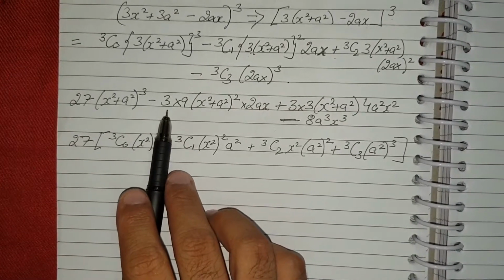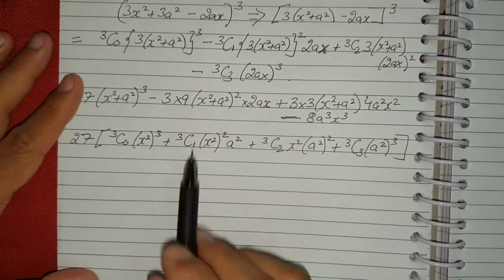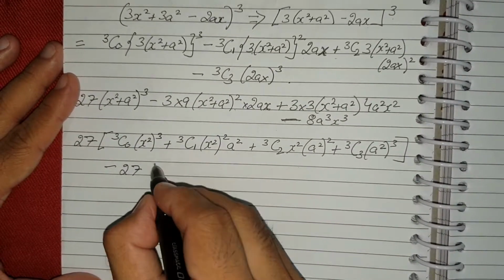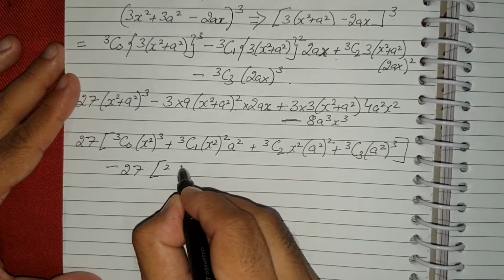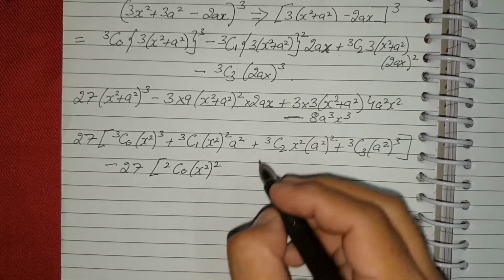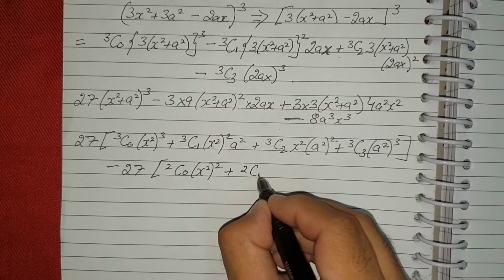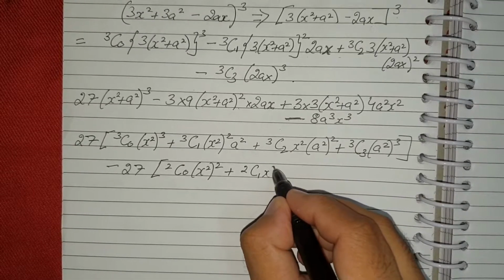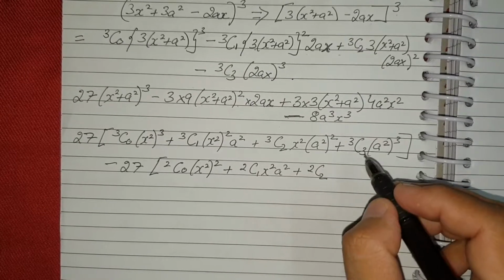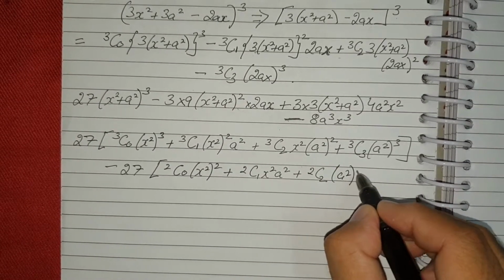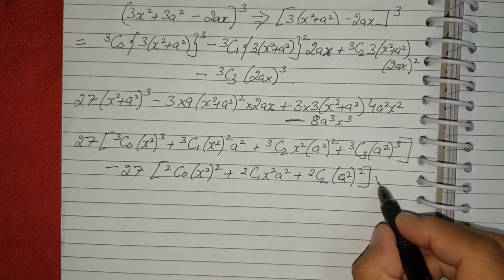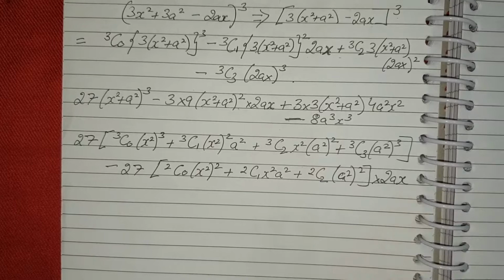Now, take this as 27, this is minus 9 into 27. Now, expansion of this will be 2c0 x square whole square, plus 2c1 x square a square, plus 2c2 (a square) whole square, and last we have into 2ax.